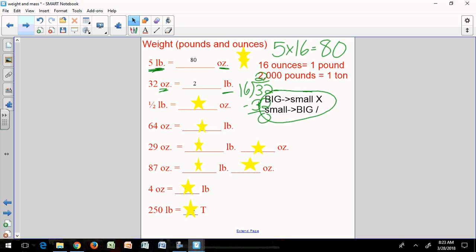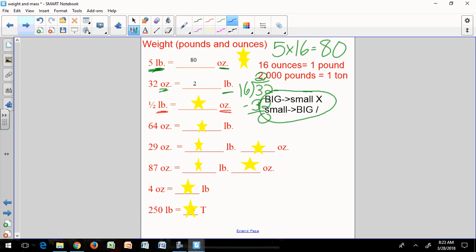But you also might see something like this. A half a pound equals how many ounces? You could figure this out by yourself. You could.